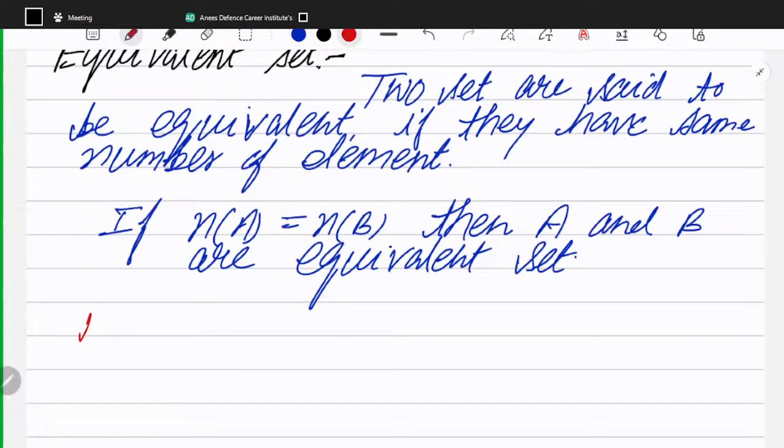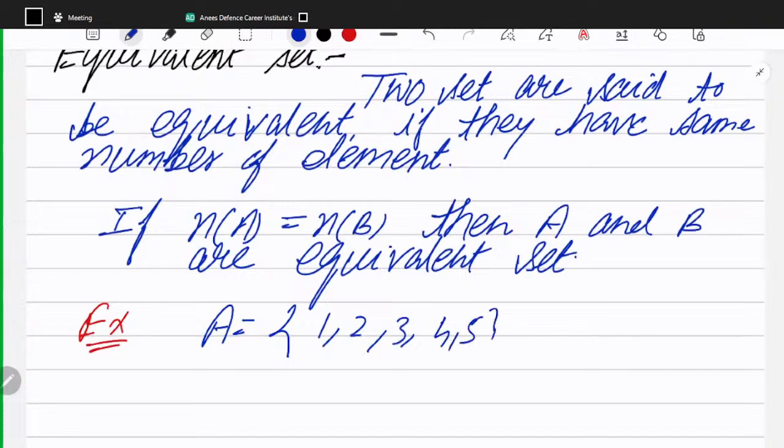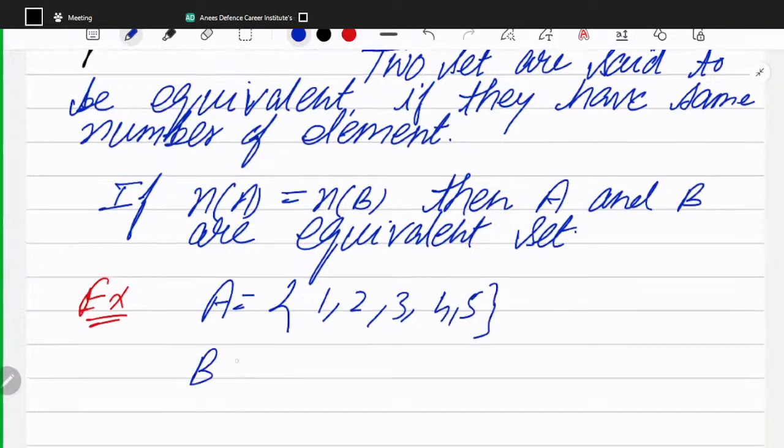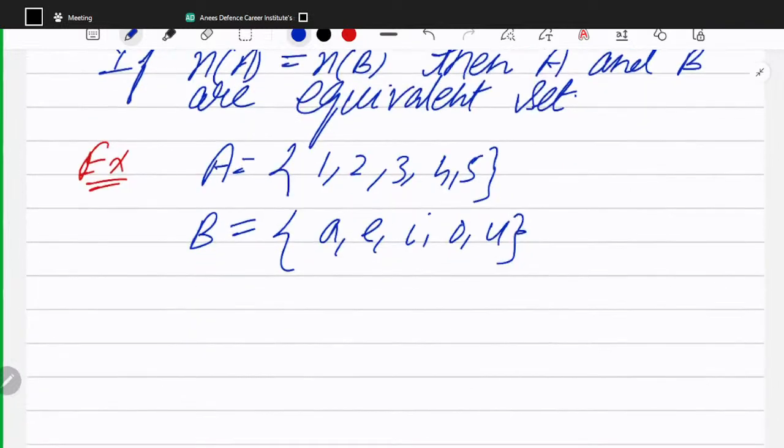Example, what is equivalence? Let's say capital A is 1, 2, 3, 4, 5, and capital B is A, E, I, O, U. Then both are equivalent because n(A) is equal to n(B), how many elements are there in both sets? 5 and 5.